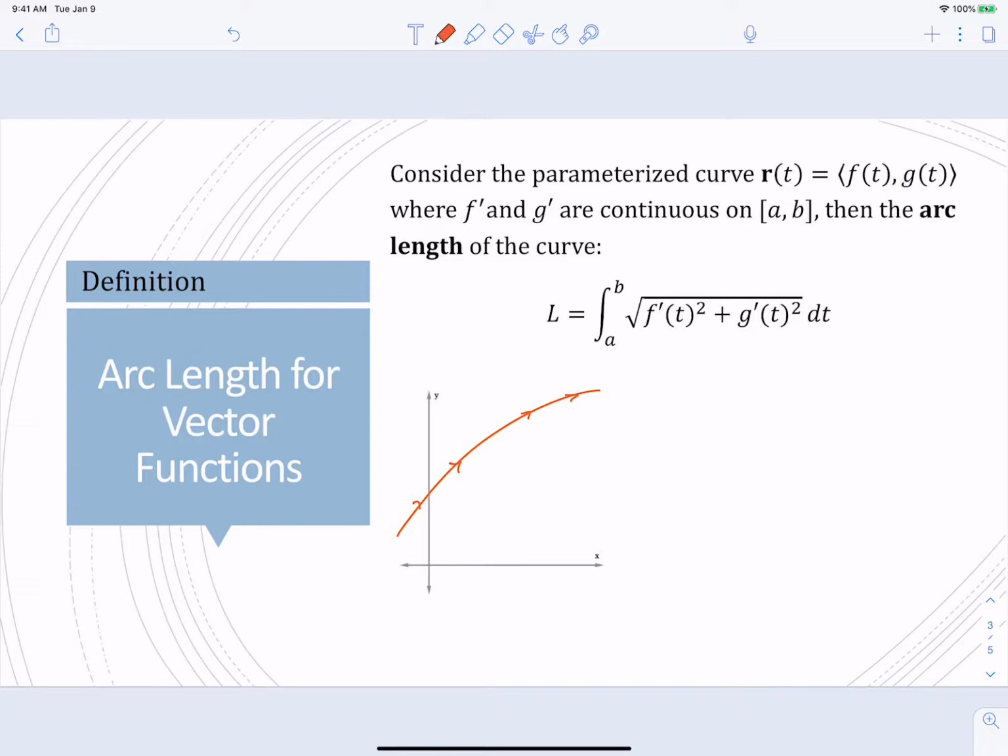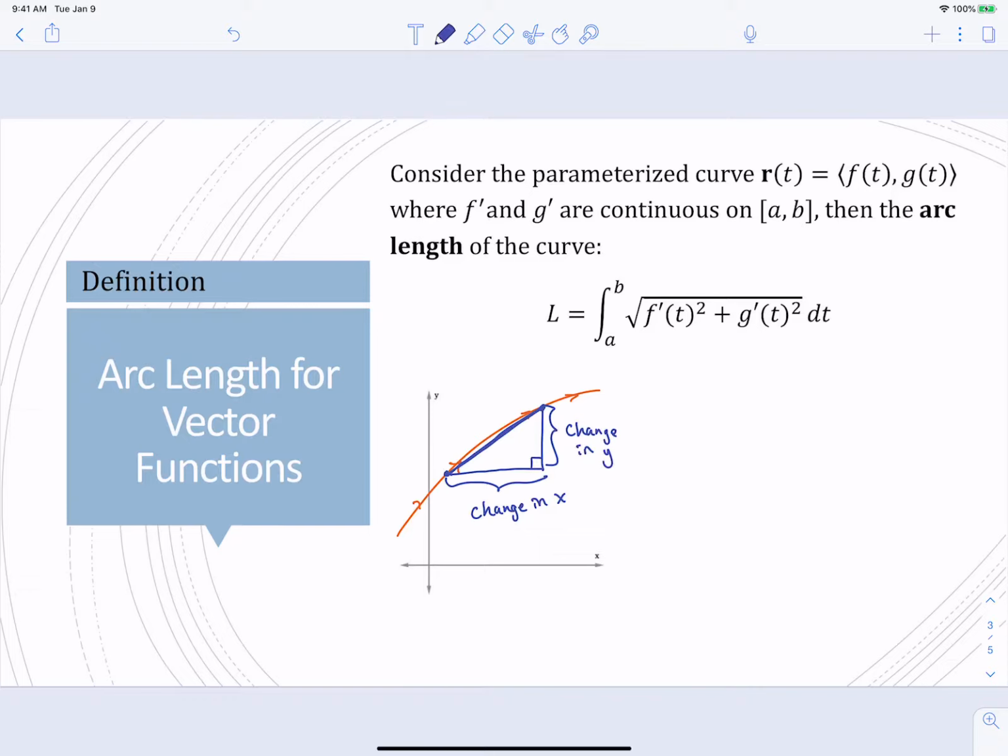So, thinking about where this comes from on this picture here, if we take 2 points on this, again, we can approximate that curve with this straight line here. And then we can make a little right triangle. Our length here is our change in x, and this length here is our change in y.